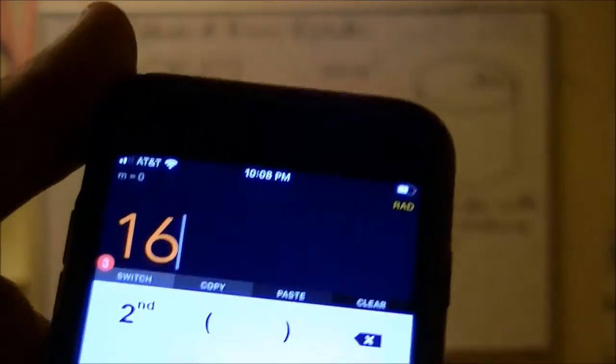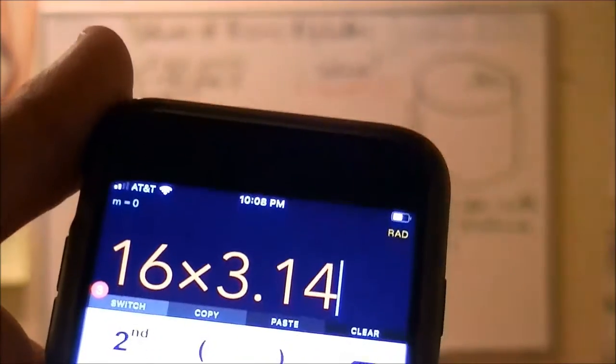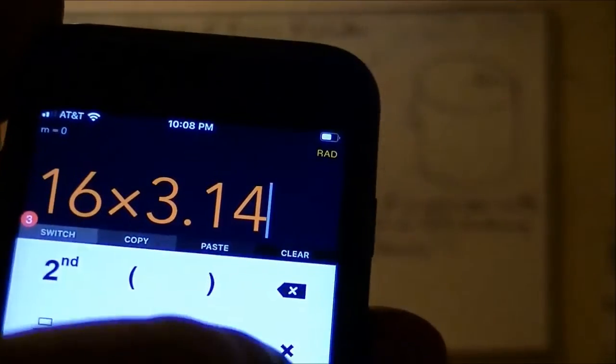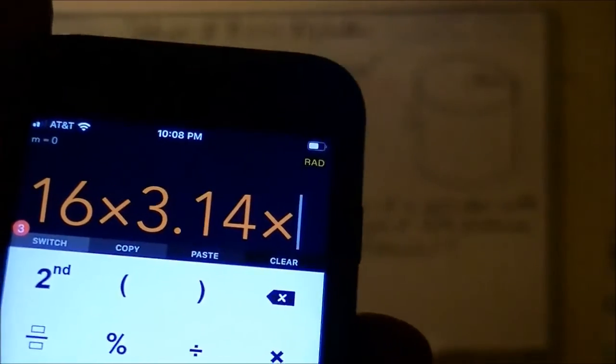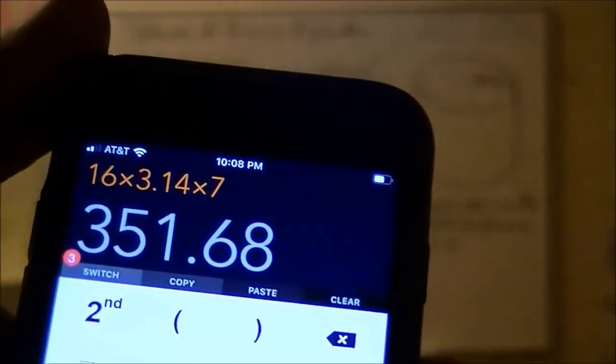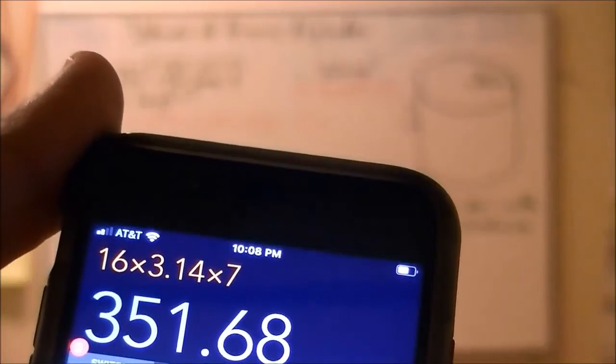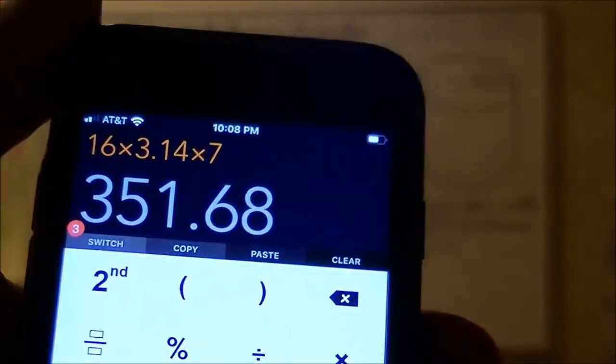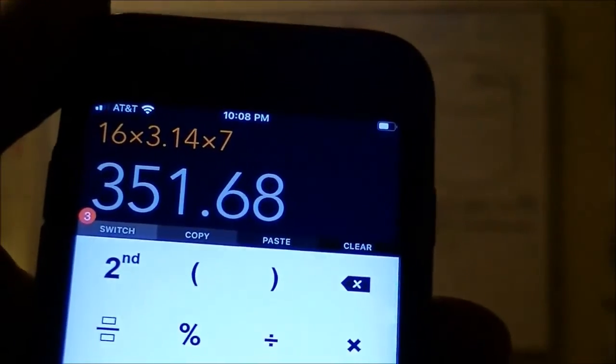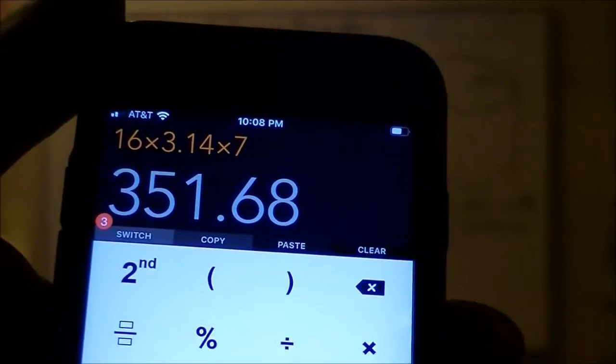Let's start there. 16 times 3.14, and then with our calculators, we can put it all in at once, times an additional 7, which is 351, right? 351 as a single decimal. What would that be, a 6 or a 7? Way to go, a 7.